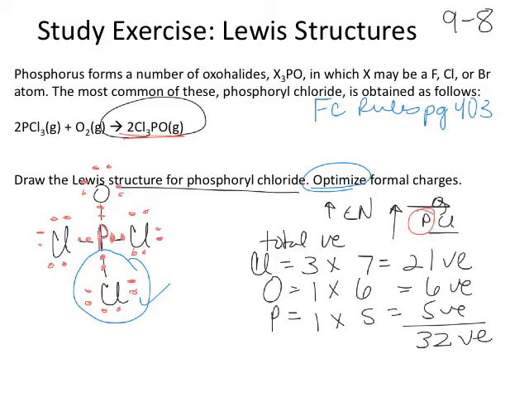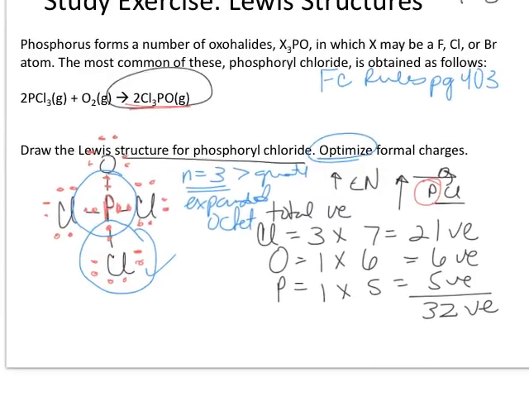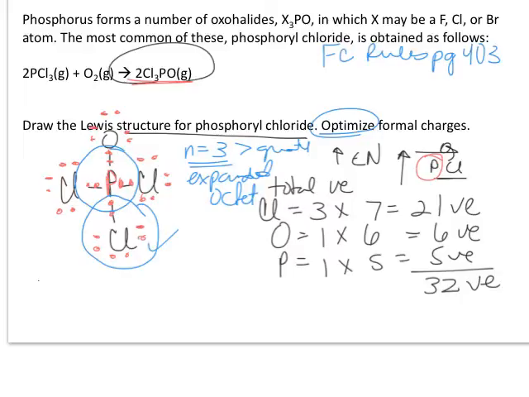So here, the only reason why you could consider making double bonds is because phosphorus is in period n equals 3, and n equals 3 or greater can do an expanded octet. So you can go ahead and do your formal charges.